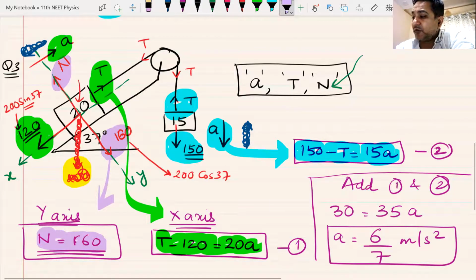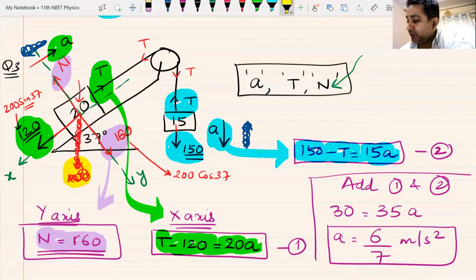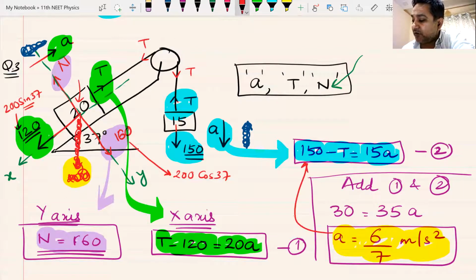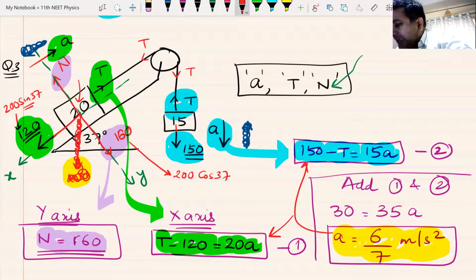Once I get the value of acceleration, I don't need to worry. I just put the value of acceleration in either of the equations and I would get the value of T. I will leave that for you to solve. That was how we needed to solve this question.